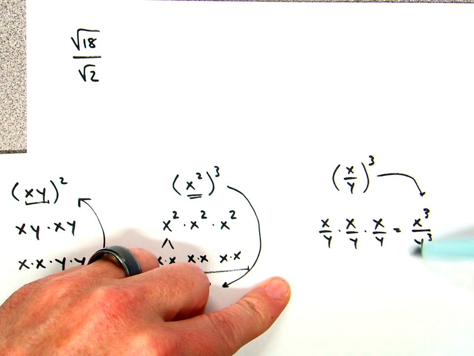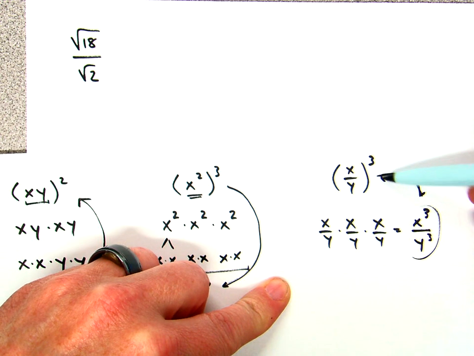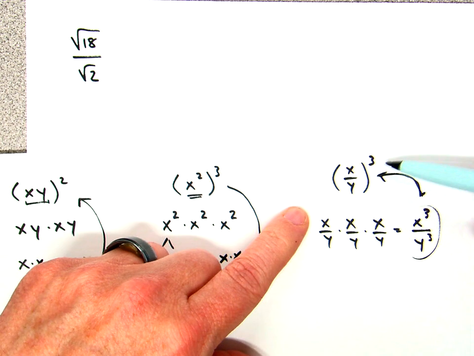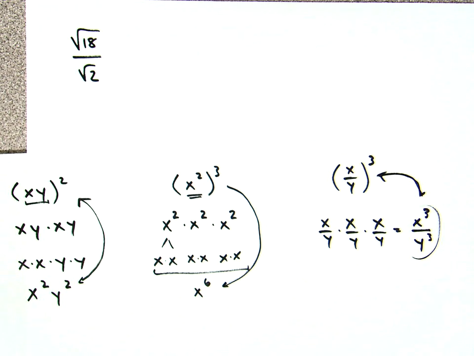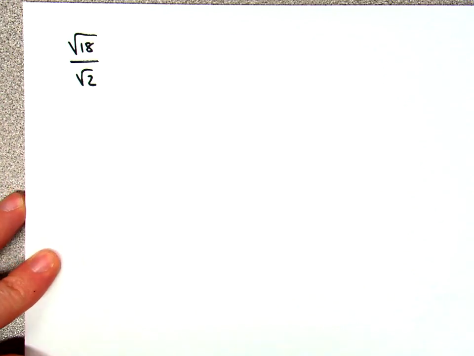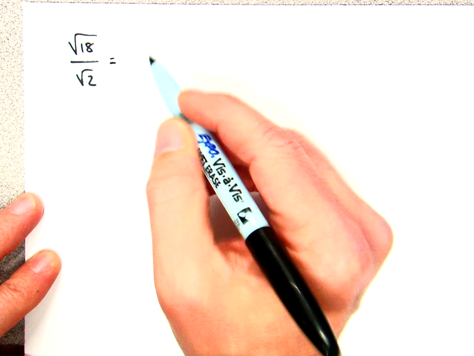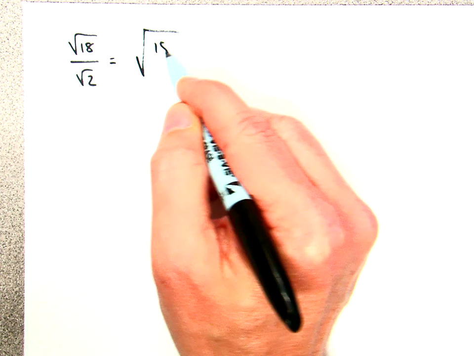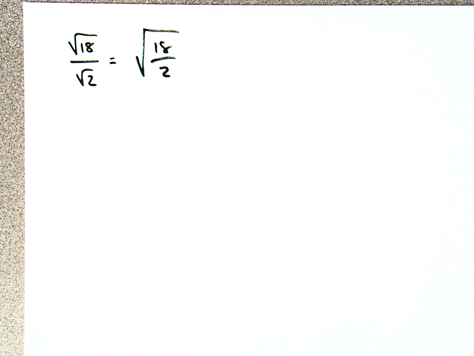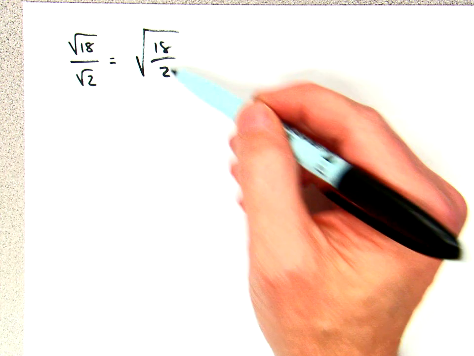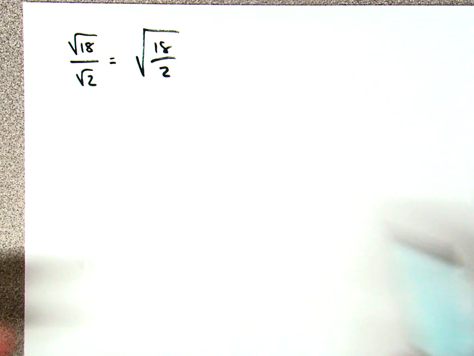So just like if we had this, we can work backwards and put the whole fraction underneath the root if we wanted to. That would make our life a little easier in this case, because if we put these back underneath the same root, then we can actually reduce 18 over 2.